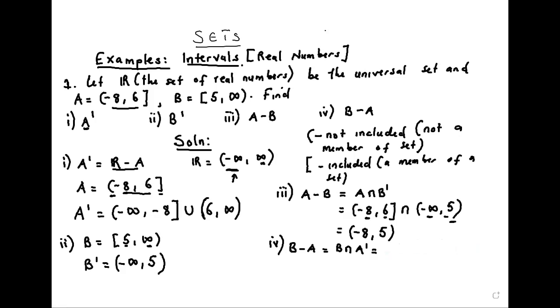Let me do this one from down. We have B, 5 to infinity, intersection A complement, which has two pieces: negative infinity to negative 8, union 6 to positive infinity.